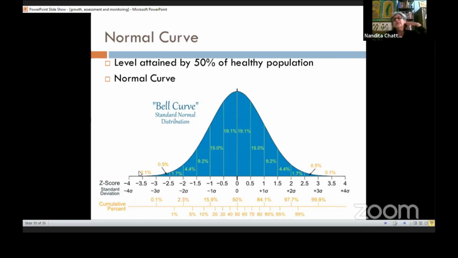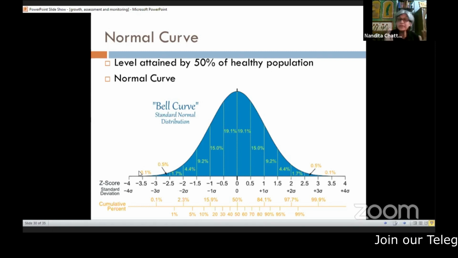Now, what happens in a normal curve? For any population, say we're taking the weight of 100 children, we will find that the weight varies within a range. Let me give you an example. We have taken 100 children of age 1 year, or let's put it 2 years, easier to calculate. And the weight comes over a range of 5 kg to 15 kg.